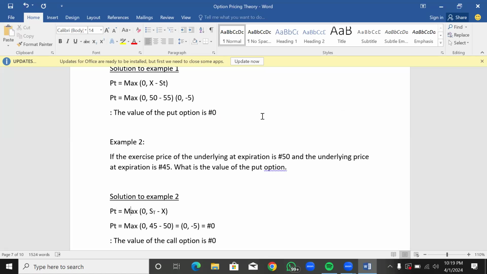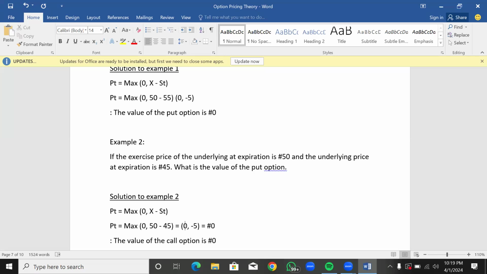This is now going to be the opposite. It is going to be X minus ST. So what's my strike price in the second question? 50, minus what? 45.